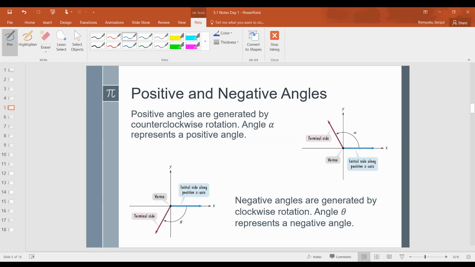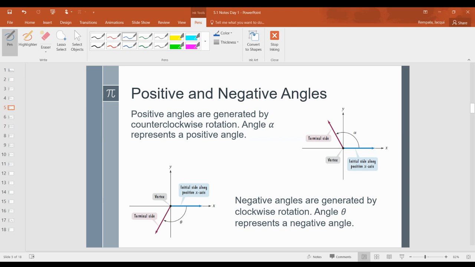Notice that the arrow showing the movement starts on the initial side and is heading towards the terminal side. This diagram is moving in a counterclockwise rotation. So if you look over here on the left, it's describing it as a positive angle. Positive angles are generated by going in a counterclockwise rotation. So this angle, which we call alpha, is representing a positive angle.